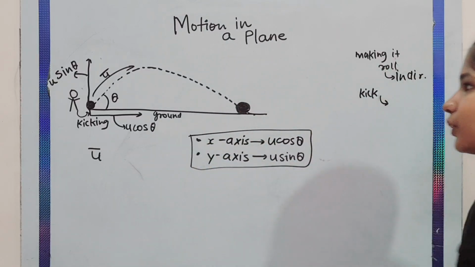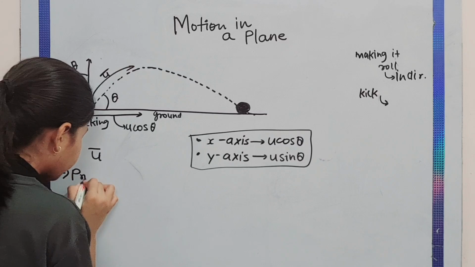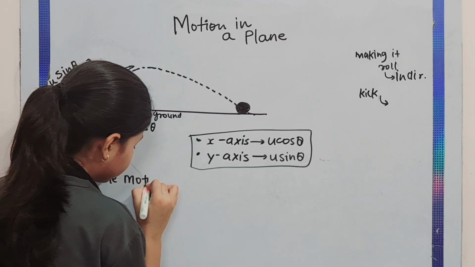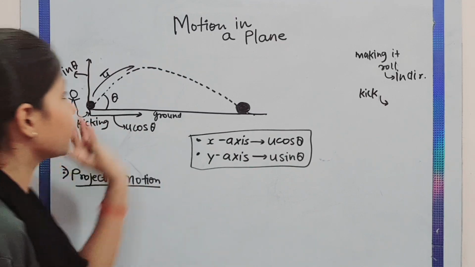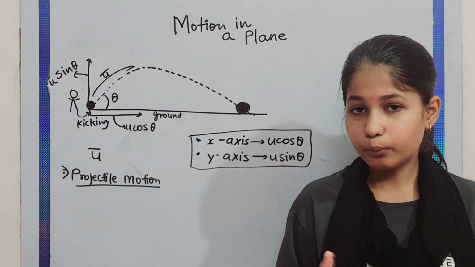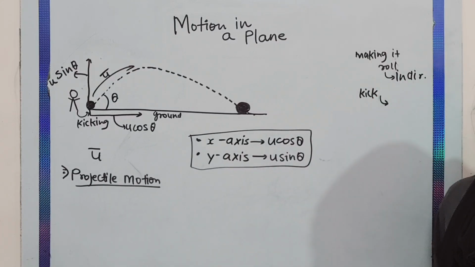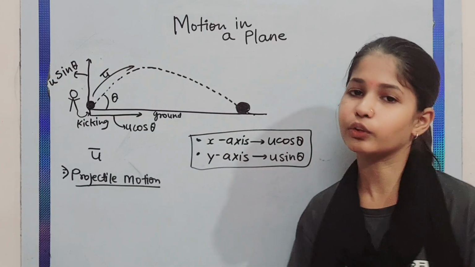One more piece of information: this motion in a plane is also known as projectile motion. If motion in a plane is written anywhere, you can replace it with the word projectile motion.